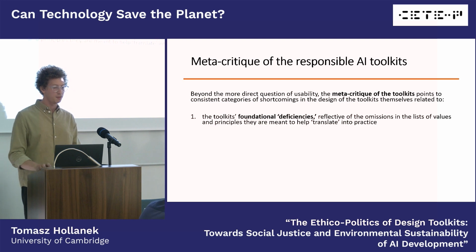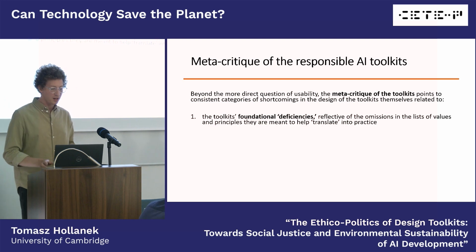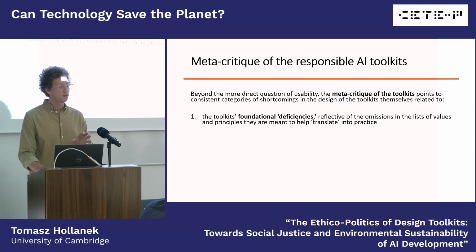So this meta critique of design toolkits that I will be sharing with you now points to several consistent categories of shortcomings in the design of the toolkits themselves. The first that the meta review points to is foundational deficiencies.